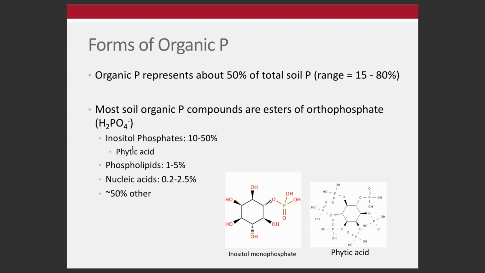There are also phospholipids, nucleic acids, all kinds of things out there, but when we're talking about organic P, how do we classify all this? It's very challenging to do, but phytic acid typically represents a pretty large fraction relative to other organic phosphorus-containing compounds.